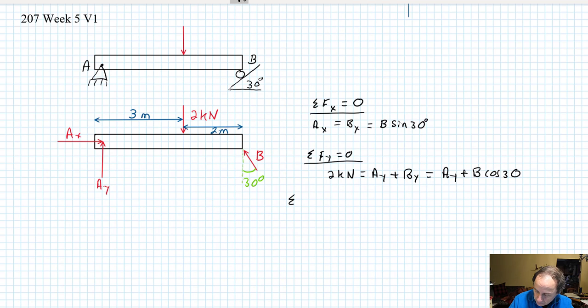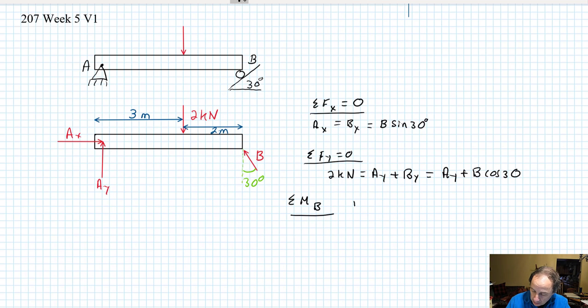Now we're going to sum the moments about point B. All right, so B doesn't enter into it, because B goes through the point, so that doesn't create a moment.